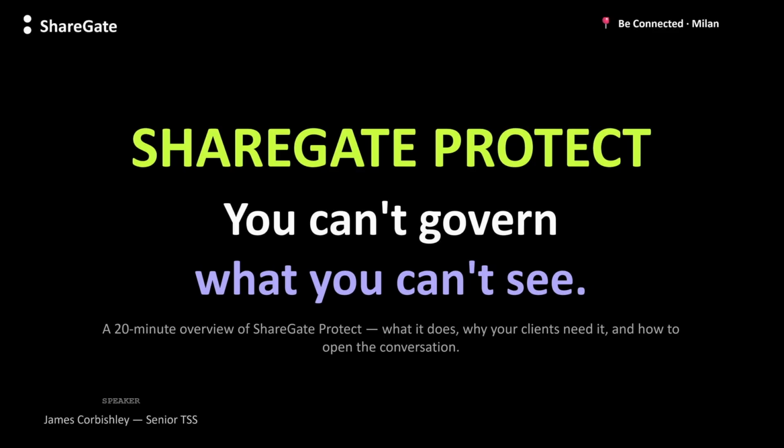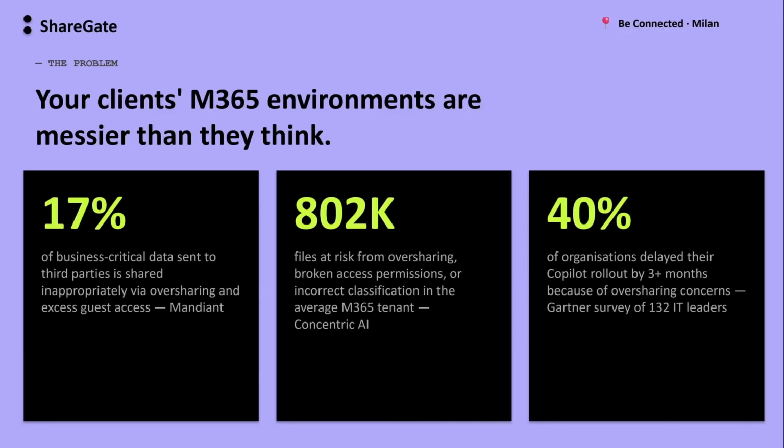So what is the premise of ShareGate Protect? There are loads of different statistics flying around the internet about how critical business data is and what's being overshared, things like people sending out anyone links, everyone external user links, people sharing documents internally without really understanding the consequence of that sharing.